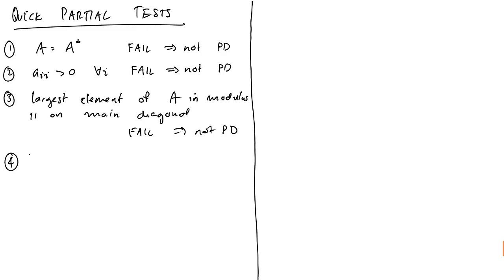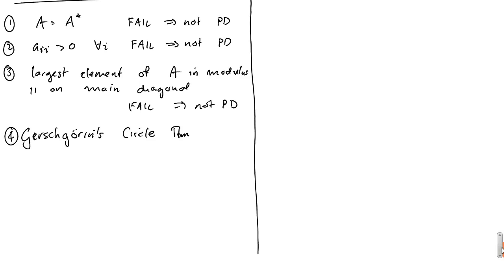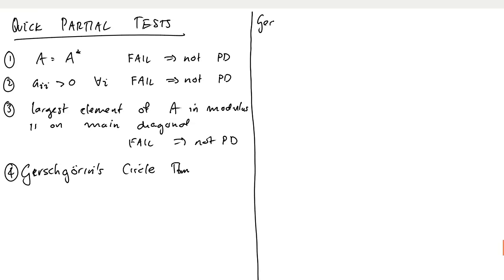Four: who remembers Gershgorin's circle theorem? Let's just quickly run through that one. Remember Gershgorin's theorem basically gives us bounds on where the eigenvalues of a matrix can lie.